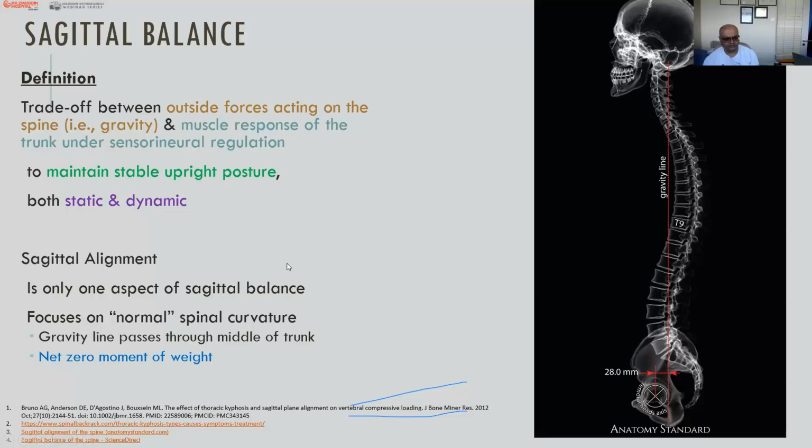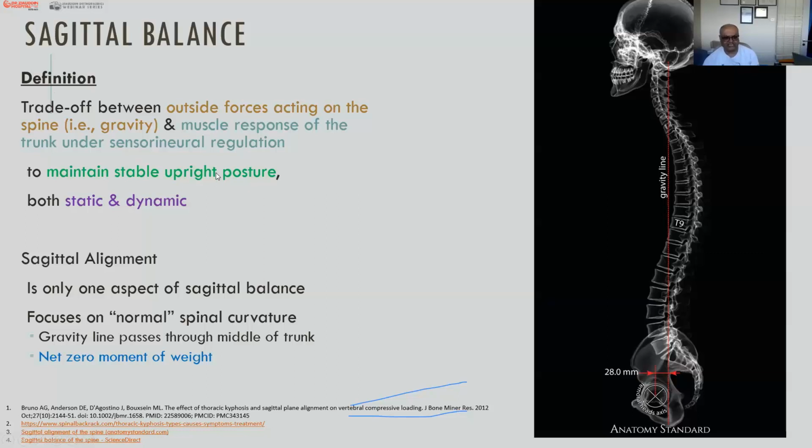Sagittal balance is when there is no outside force acting on the spinal column. The muscle response of the trunk under sensory neural regulation is just enough to maintain an upright posture. So it is very important to note that sagittal alignment is different from sagittal balance.